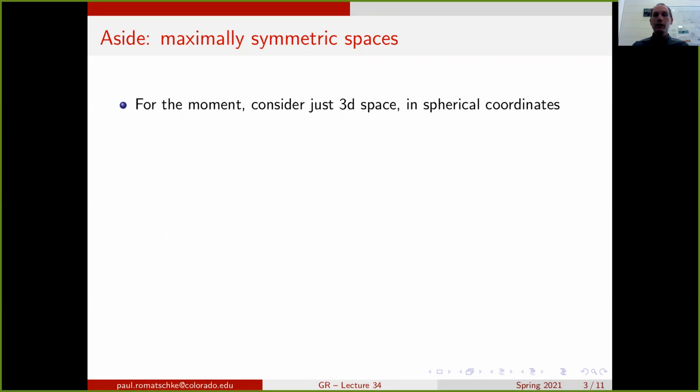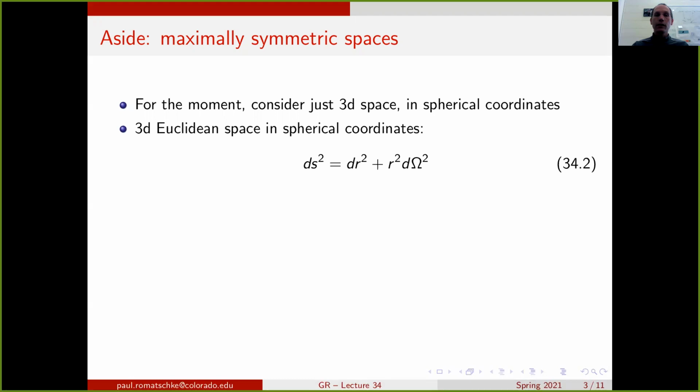So if you just consider three-dimensional space, so no time, in spherical coordinates, we can write down the metric. The metric in Euclidean coordinates is just given by, the line element squared is given as dr squared plus r squared d omega squared. Now we can take this metric and plug it into the three-dimensional Einstein equations, R_ij minus 1/2 g_ij R plus lambda g_ij, where on the right-hand side is still 0, so no matter content.